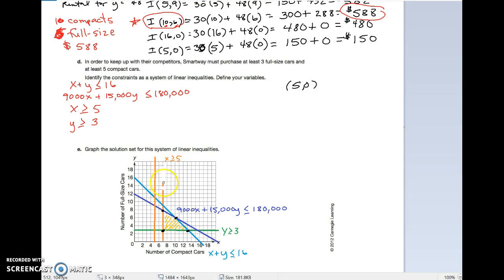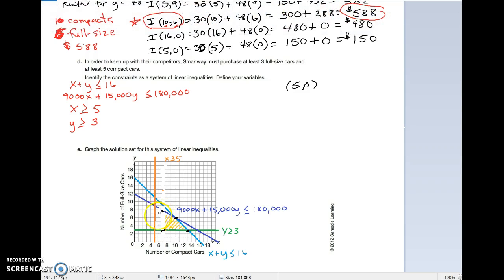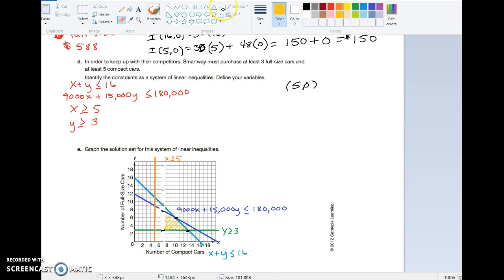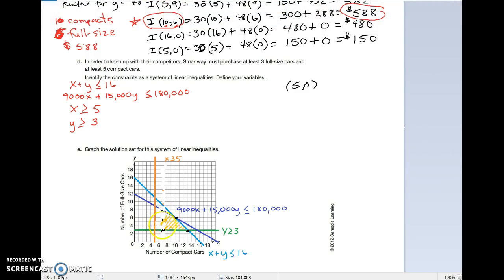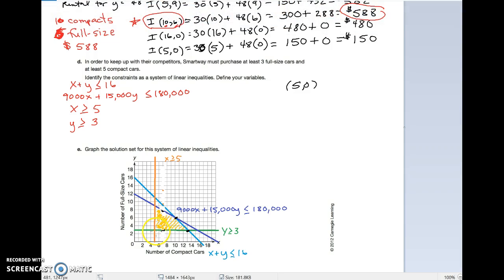You can see I'm erasing part of the graph as well, but you get the idea, right? And that means that our area really extends from here to here. And our points are still 5, 0 here.